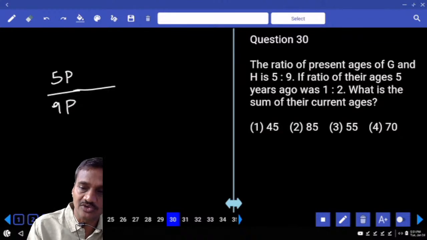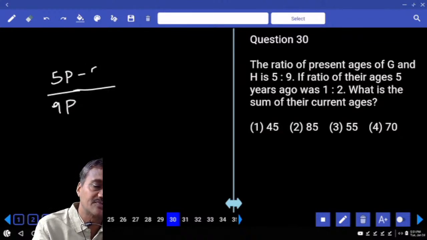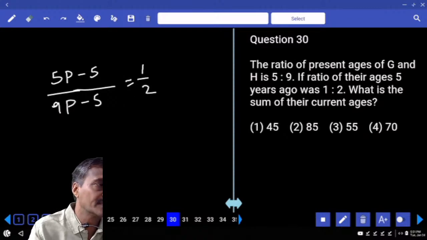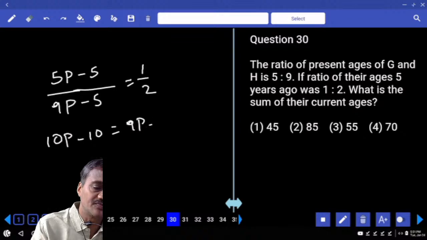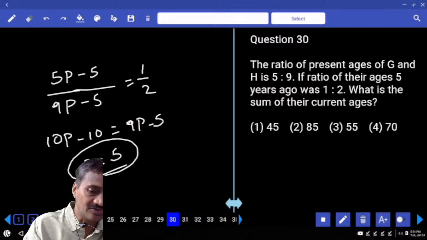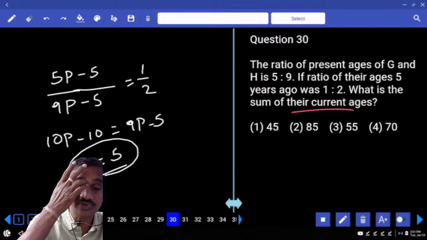And 5 years ago, means minus 5 and minus 5. And the ratio at that time is 1:2. If you cross multiply, 10p minus 10 equals 9p minus 5. Hence p equals 5.